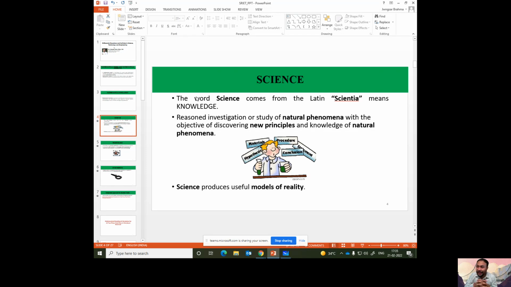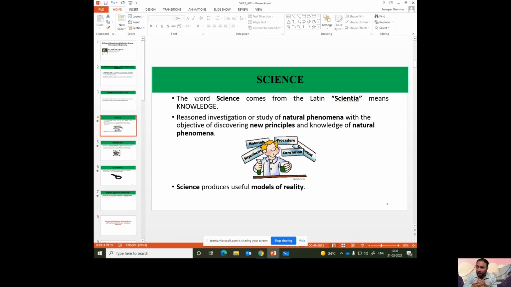It means that if I want to do reservoir simulation and modeling, I should observe the natural phenomenon that is happening inside the petroleum reservoir.